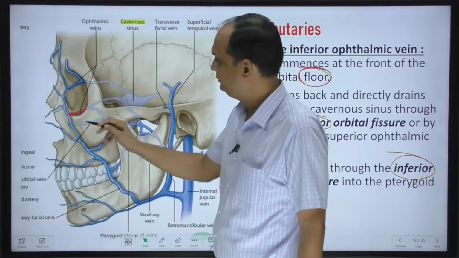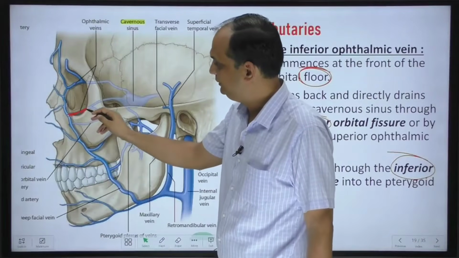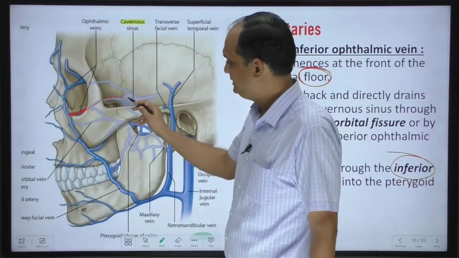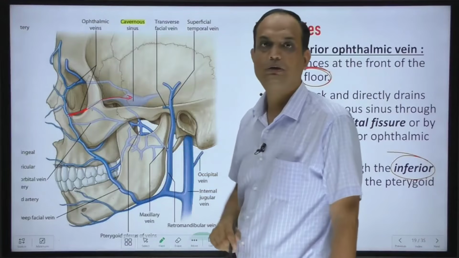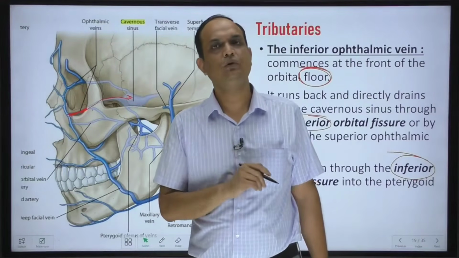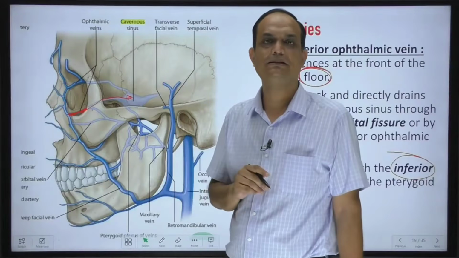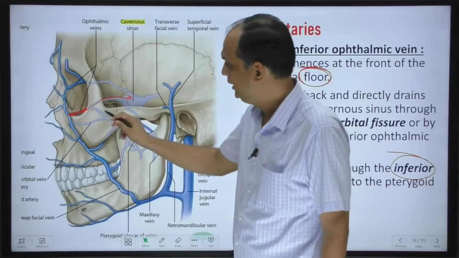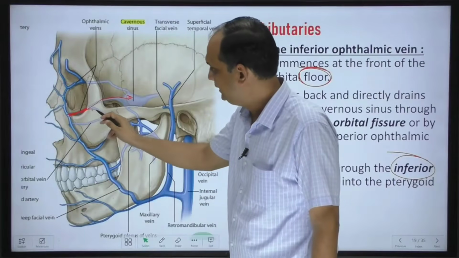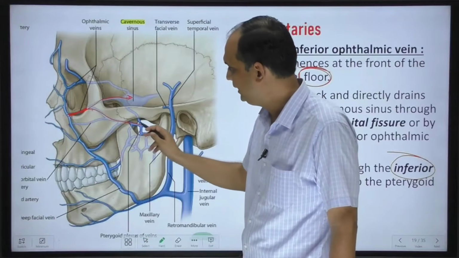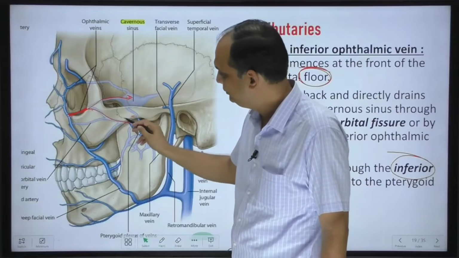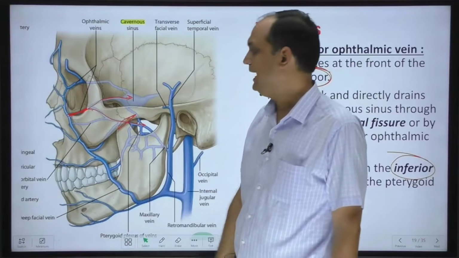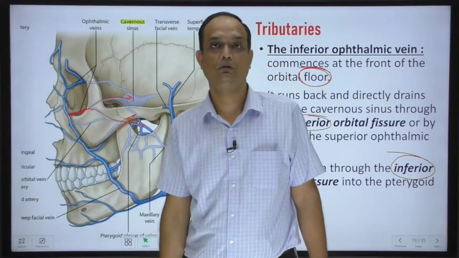Now here what I mean to say is that if this inferior ophthalmic vein is directly draining into the cavernous sinus, then what is the name of the passage? Answer is superior orbital fissure. But if this vein is coming out into the infratemporal fossa, then you have one more gap here, and that is known as inferior orbital fissure.